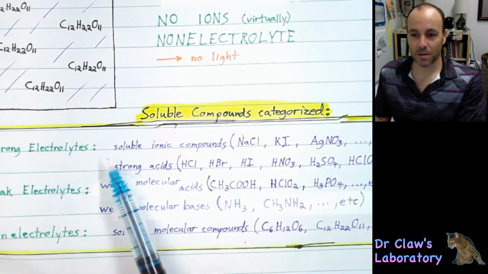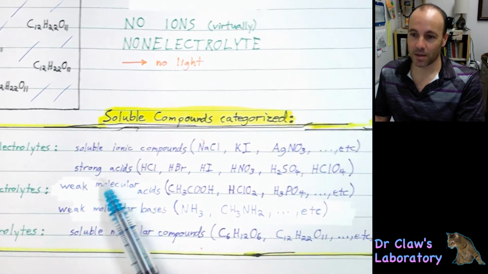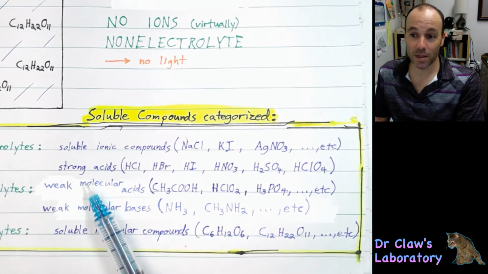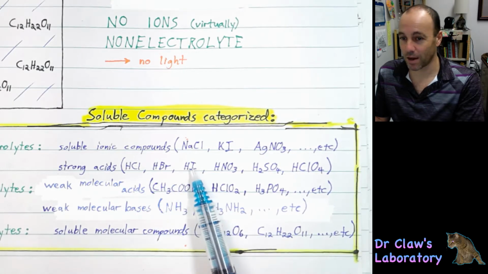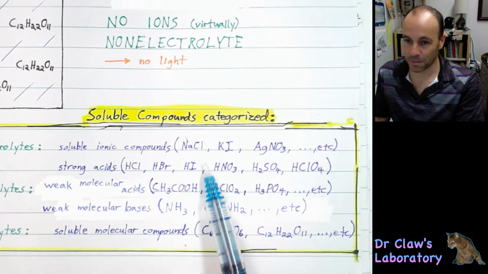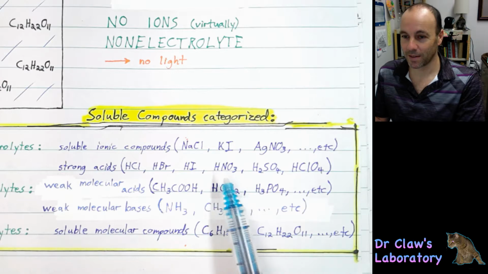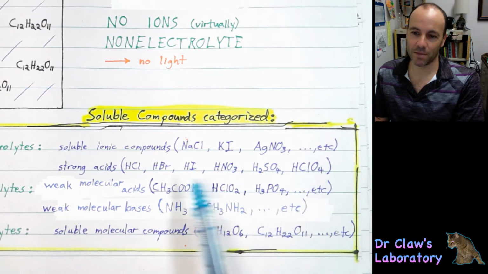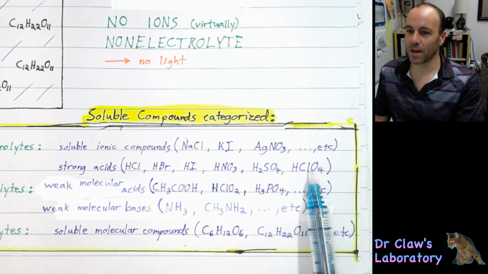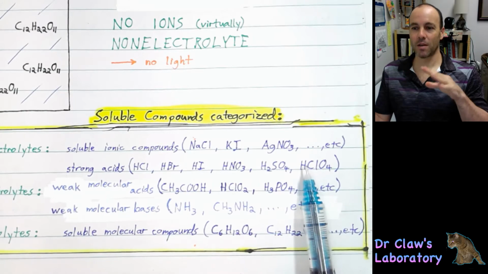But also, strong acids form strong electrolytes. And you should know what the 6 strong acids are: hydrochloric acid, hydrobromic, hydroiodic. That's our special state compound here, Hawaii. And nitric acid, sulfuric acid, perchloric acid. So all of these are strong acids, meaning when you add them to water, they fully dissociate.